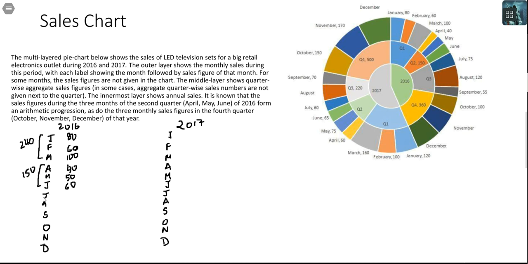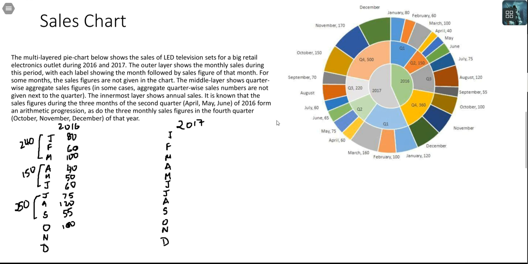Okay, let's get to the third quarter. The numbers given are 75, 120, and 55, which add up to 250. And finally, for the last quarter, I have 100 for October, and the next two numbers are unknown.